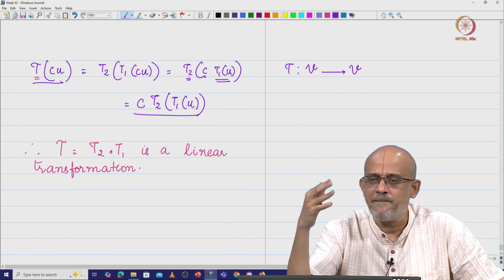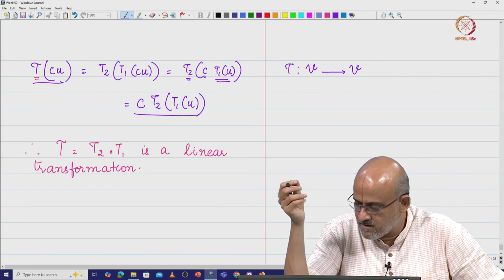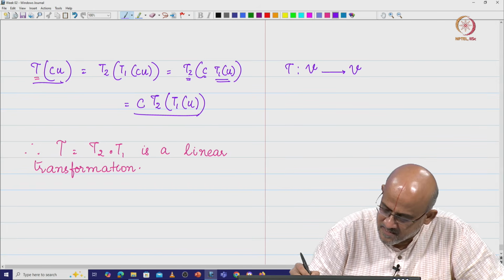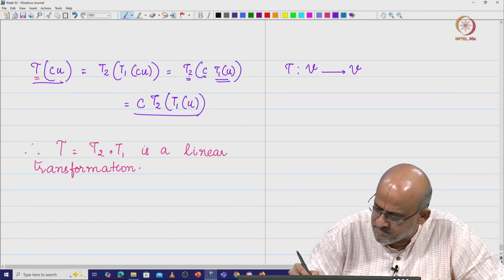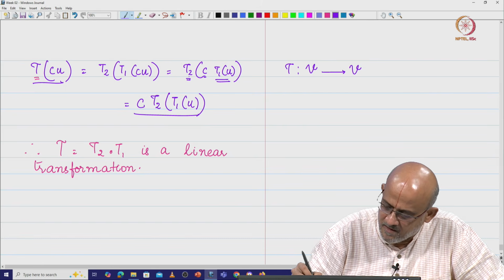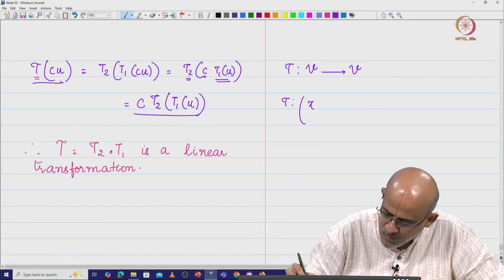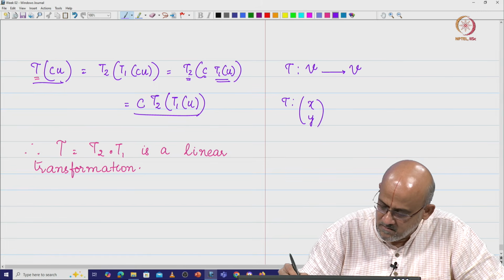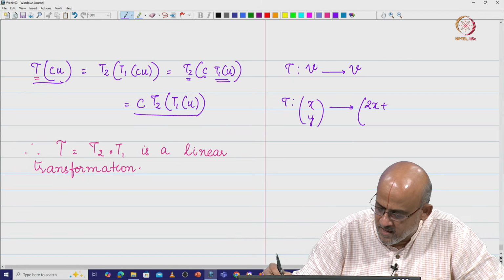Now, it could so happen that T could map a vector, for example, let us take this specific example where T is such that it maps a vector (x, y) to, let us say, (2x plus y, x plus 2y).